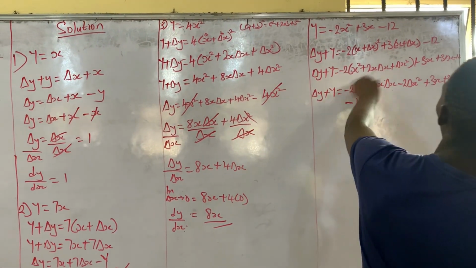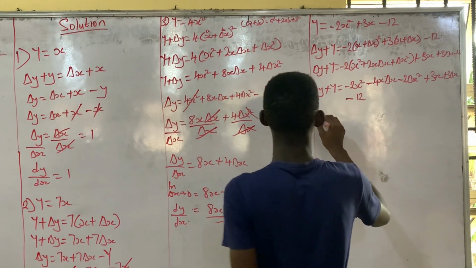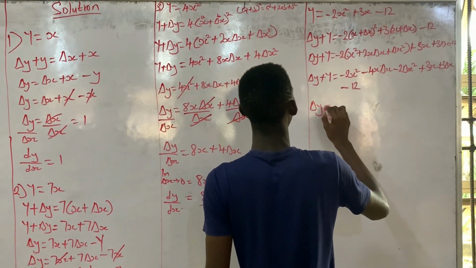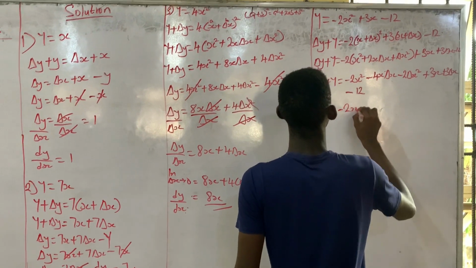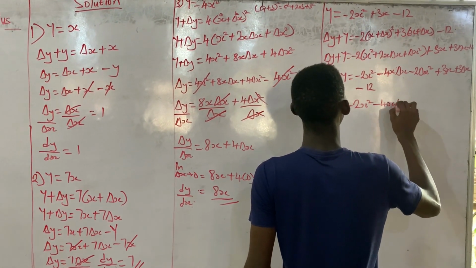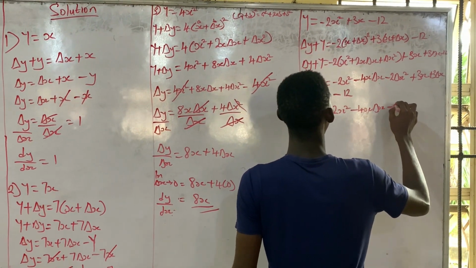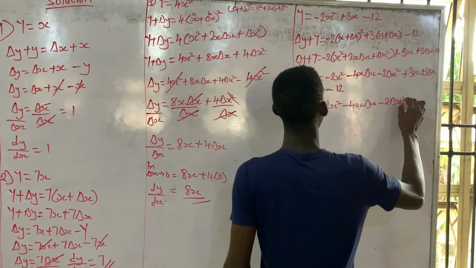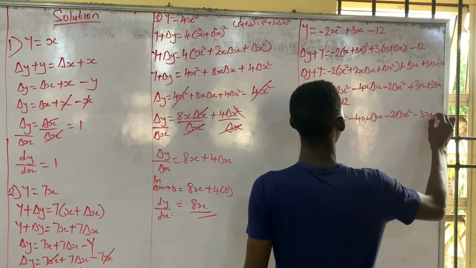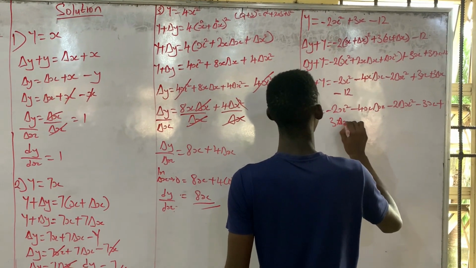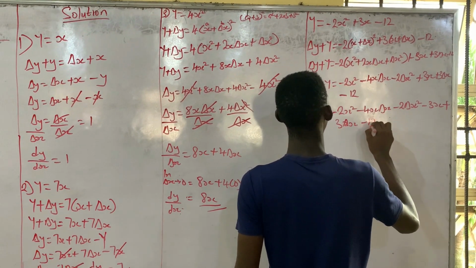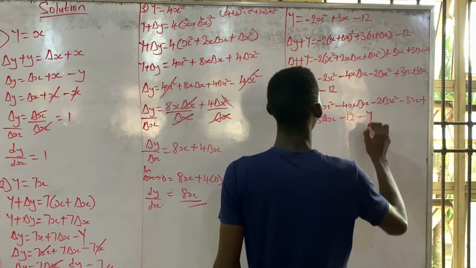Now we are taking this y to the other side, and that becomes change in y is equals to minus 2x squared minus 4x change in x minus 2 change in x squared minus 3x plus 3 change in x minus 12 minus y.